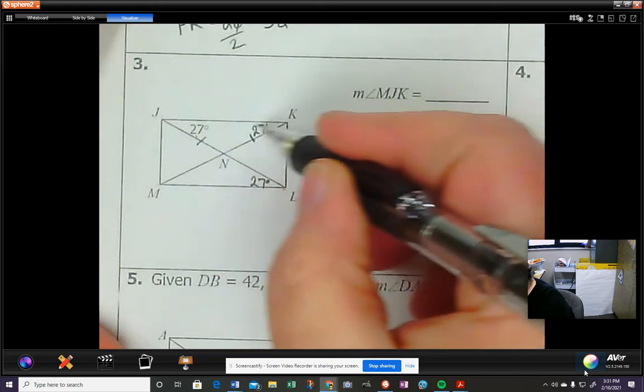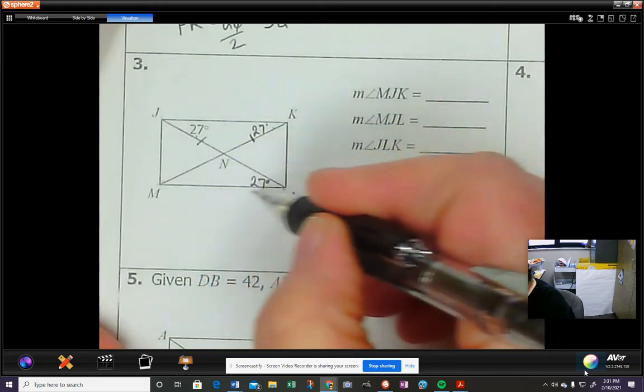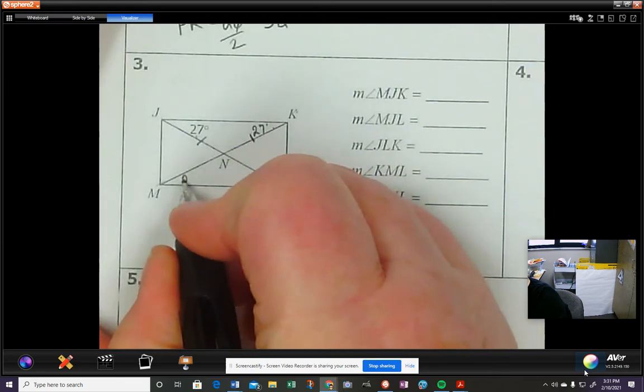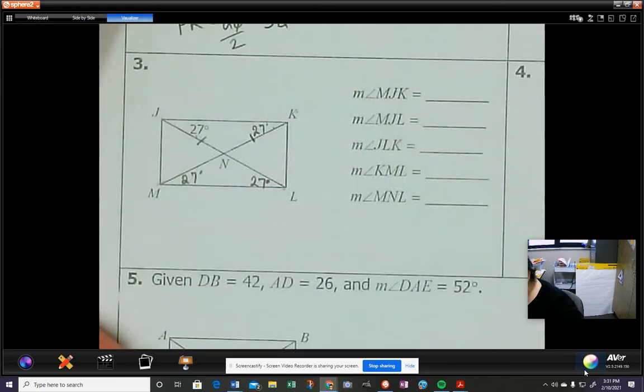That means this angle, angle M, KML, is also 27 degrees.